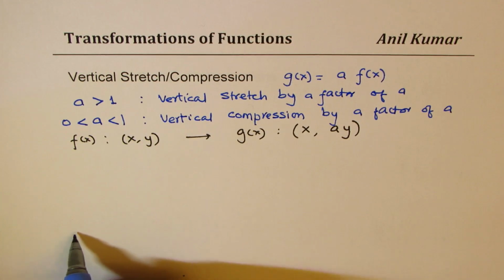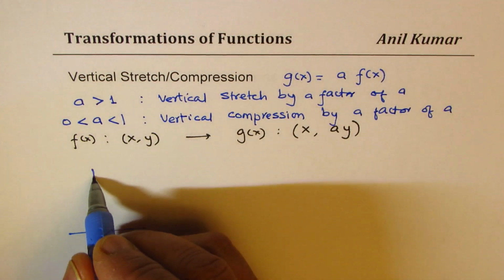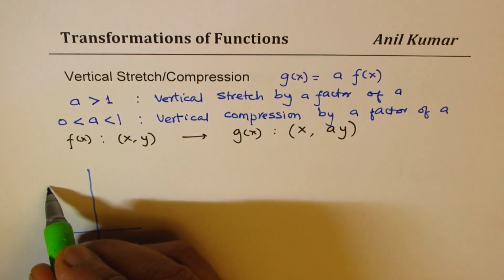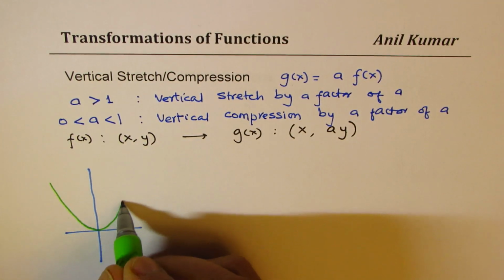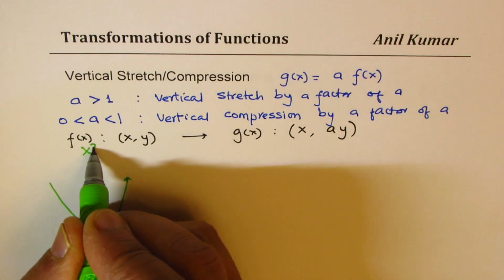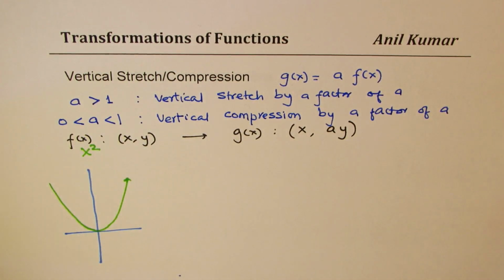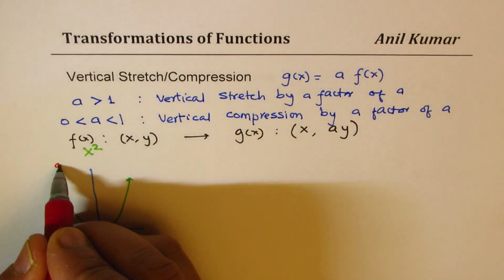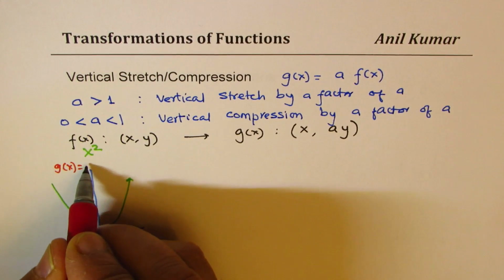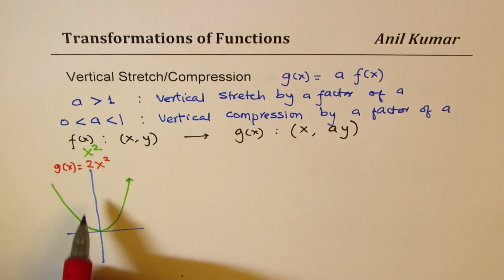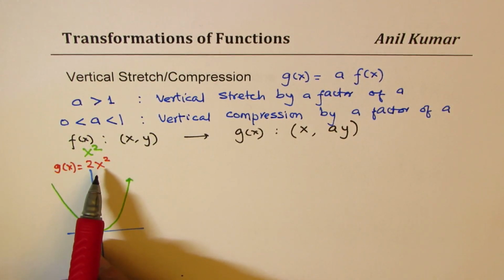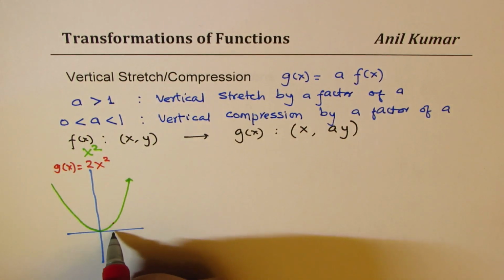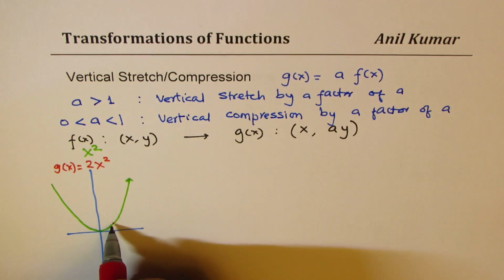So let's take the parabola as the first example. Now the normal graph of the parabola may look something like this, where this function is x squared. Now consider the function g of x to be equal to, let us say, 2 times x squared. When I say 2 times x squared, for the same x value, the y value doubles up.